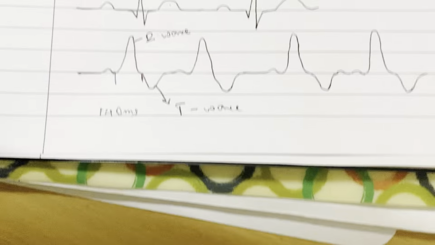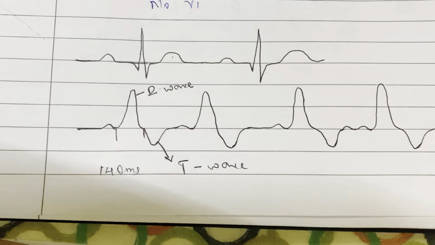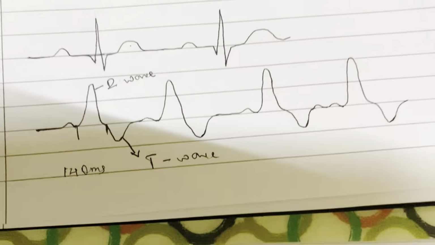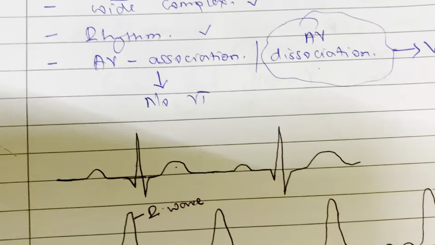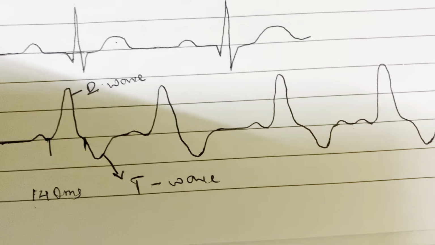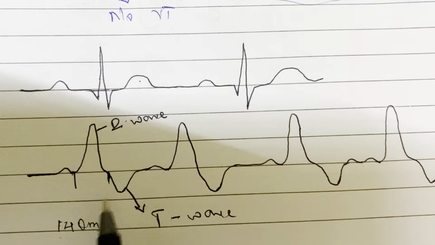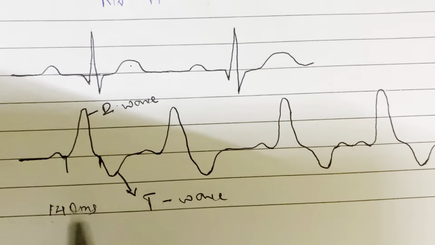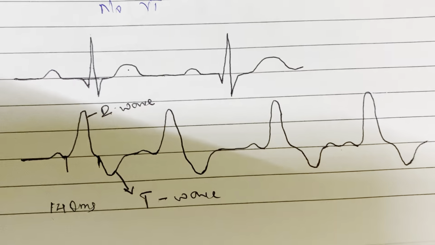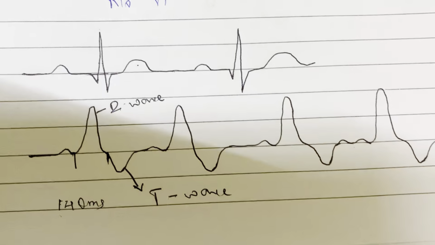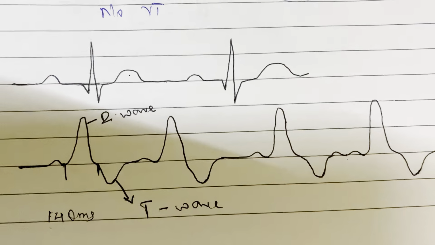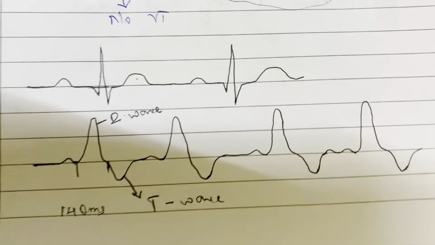Inverted T wave. This shows the complex is from an abnormal site and it's wide because the impulses moved in a wrong direction. And even the depolarization or repolarization, we said R wave, the T wave represents ventricular repolarization, was also happening in a wrong direction. So everything is wrong.